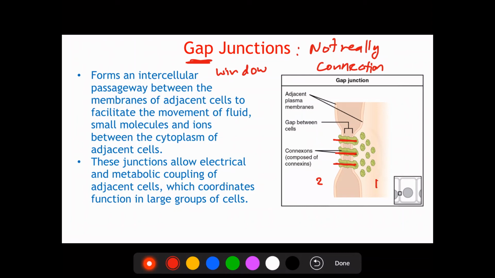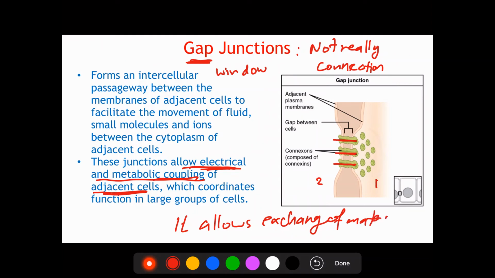However, it will allow exchange of materials between the cells.